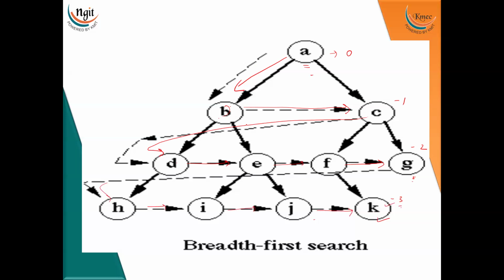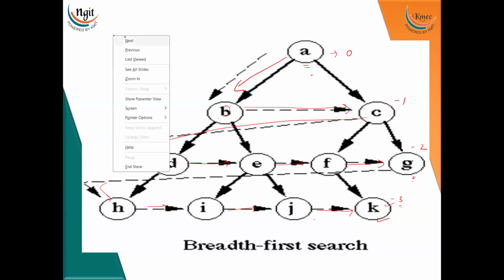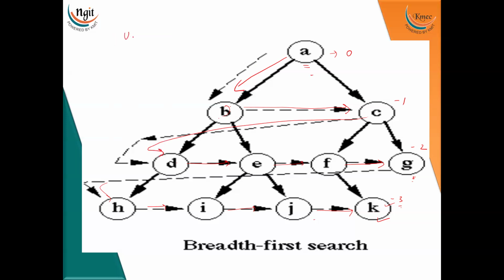The important points to remember about BFS: the first point is that it is an uninformed search algorithm, the same as DFS. But here we are going to use the queue data structure, a first in, first out data structure. Coming to the visiting of nodes, it is going to visit the shallowest node, not the deepest node.